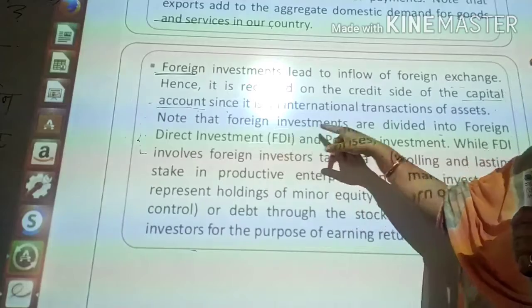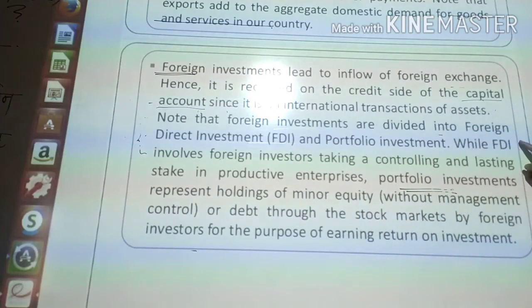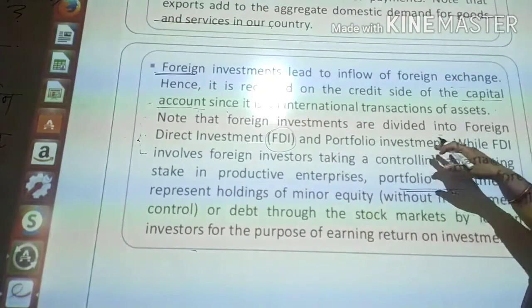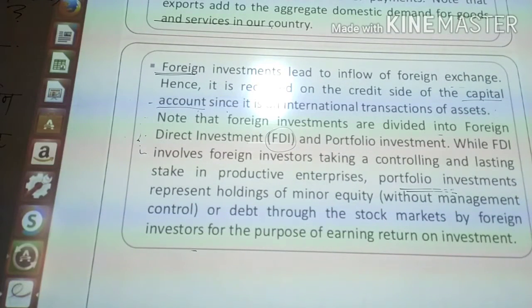Note that foreign investment is divided into foreign direct investment (FDI) and portfolio investment. While FDI involves foreign investors taking a controlling and lasting stake in the productive enterprise, portfolio investment represents the holding of minor equity without management control.